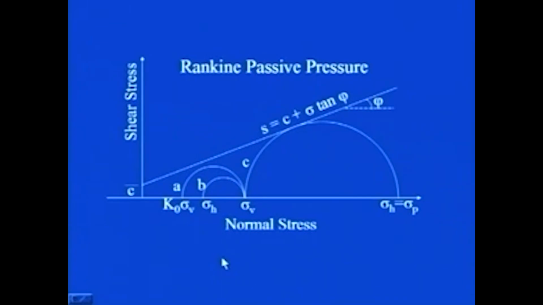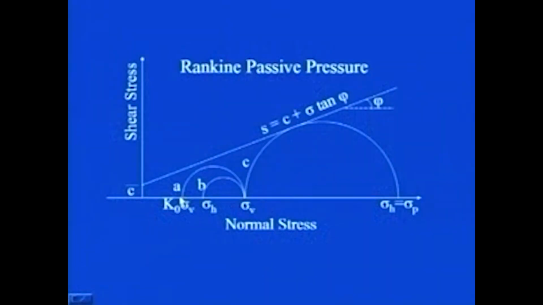Now, as we did in the case of active earth pressure, similarly in the case of passive earth pressure, we try to develop the understanding with the help of the Mohr circle. When the soil is exerting lateral earth pressure, there will be an initial condition where the wall is not moving at all, that is, the wall is at rest.